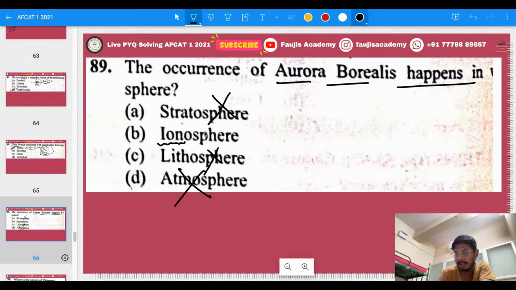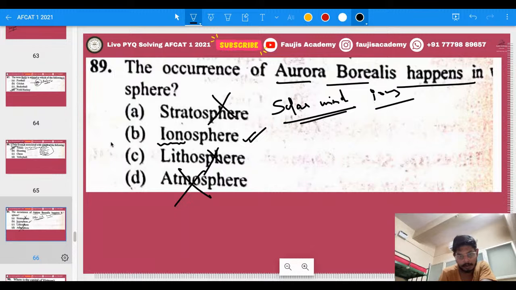Ionosphere, okay. Why does aurora borealis happen? When the solar wind comes into the ions present in the ionosphere, it starts to glow, in green and bluish colors.